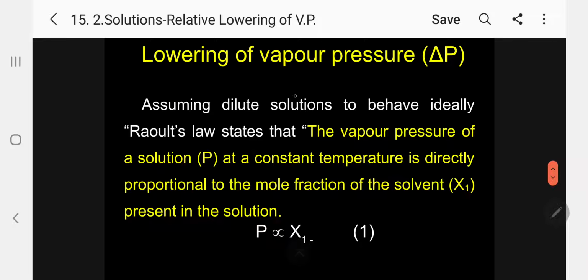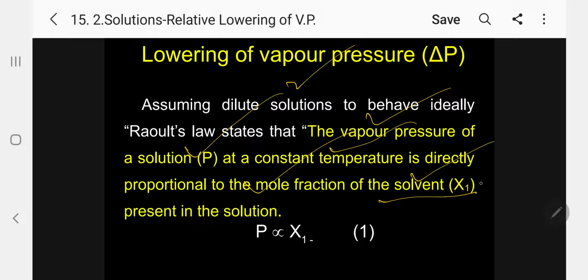Now, assuming a dilute solution to behave ideally, Raoult's law states that the vapor pressure of a solution P at a constant temperature is directly proportional to the mole fraction of the solvent X1 present in the solution. Mathematically, the vapor pressure of the solution is directly proportional to the mole fraction of the solvent.